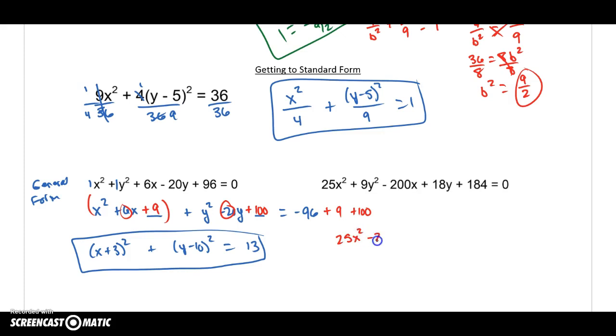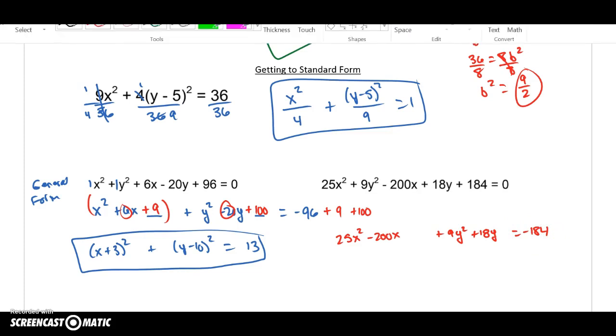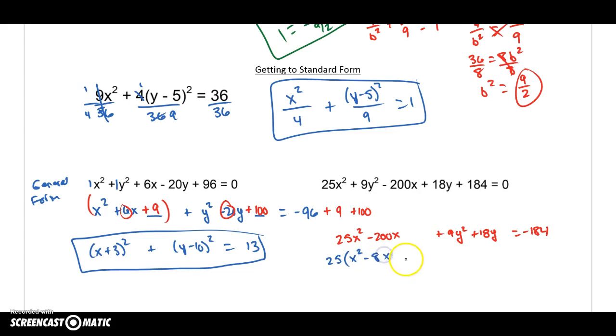Group your x's. Group your y's. Get your constant to the other side. Factor out only the leading coefficient for each variable.